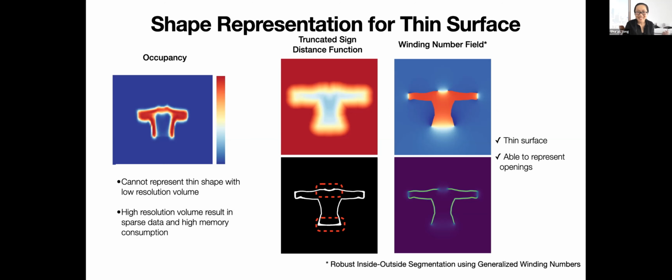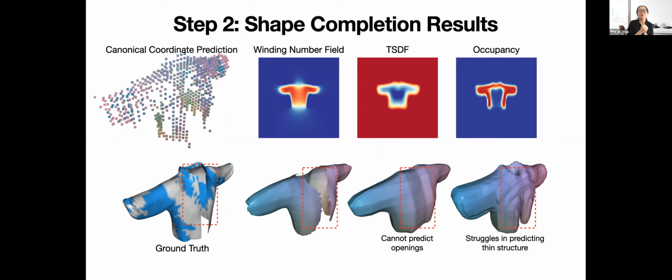Without getting into too much detail about the winding number field, here I'm just going to show you some of the shape completion results using different shape representations. On the left, you can see the canonical coordinate prediction on the top and also the ground truth surface for this object instance, which is a top.